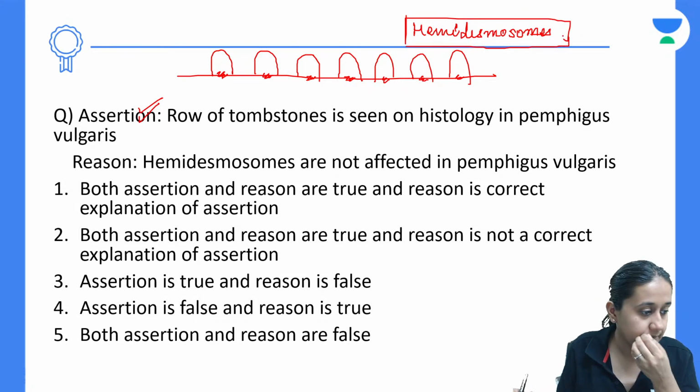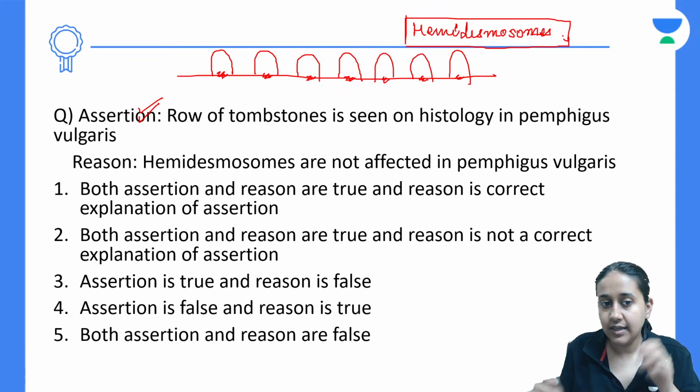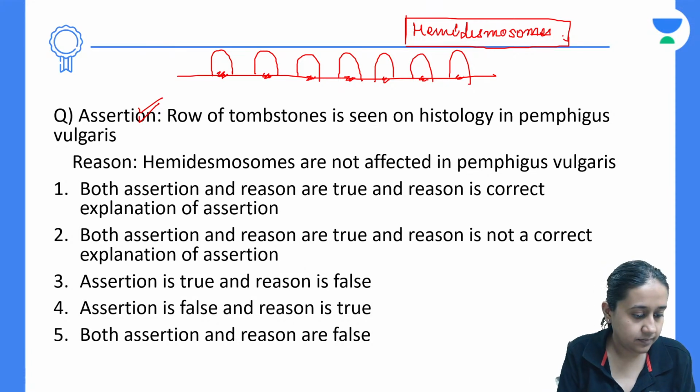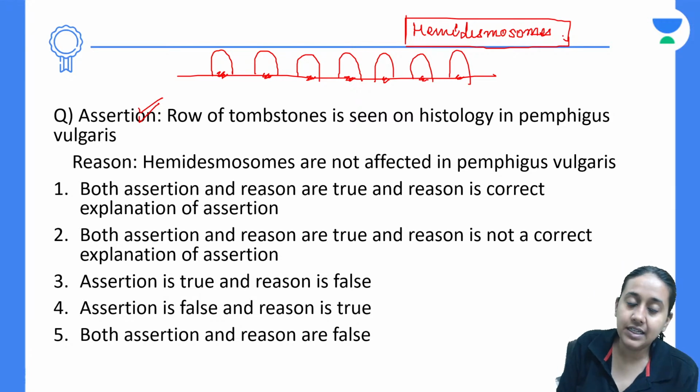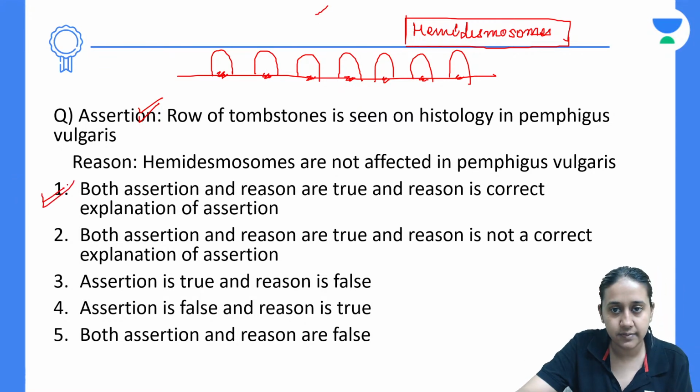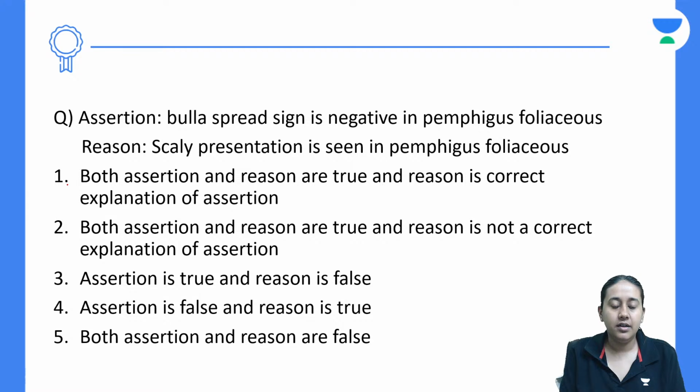So which of the following is the correct answer? The correct answer of this is option number 1. Both of them are correct and they are correct explanations of each other. Next.